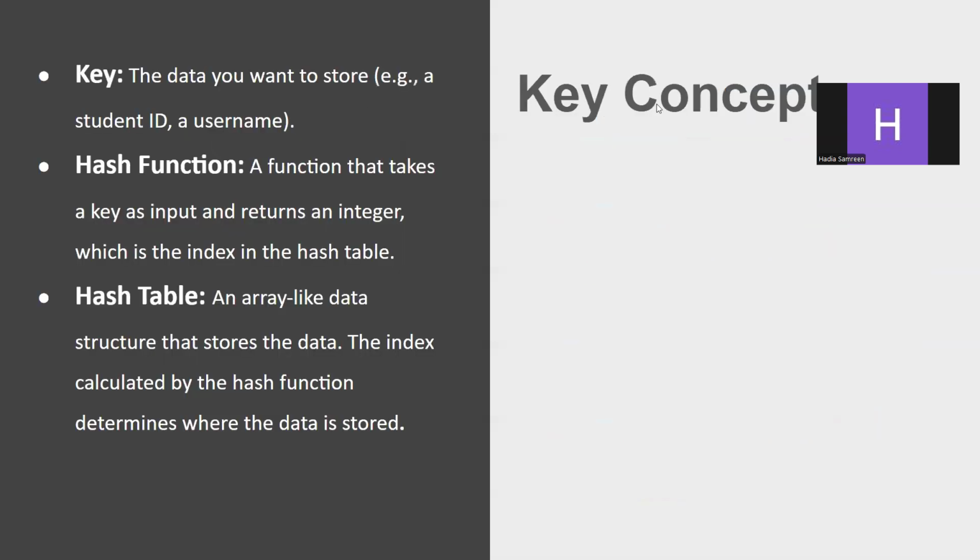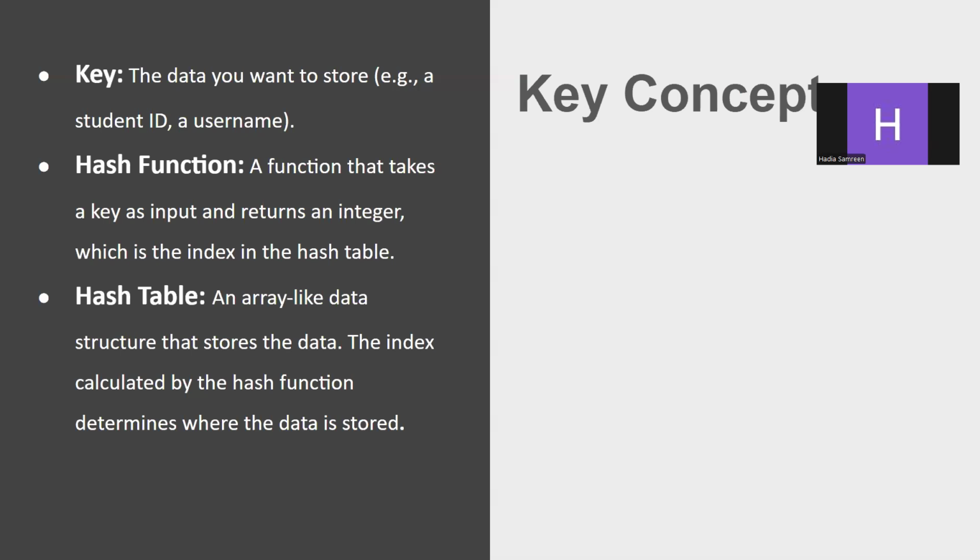Before going in depth into this technique, I'll show you the key concepts we will be dealing with. First is the key, the specific data you want to store. For example, your student ID or your username, any particular data is a key. Then comes the hash function. A hash function is something like a formula or an algorithm.